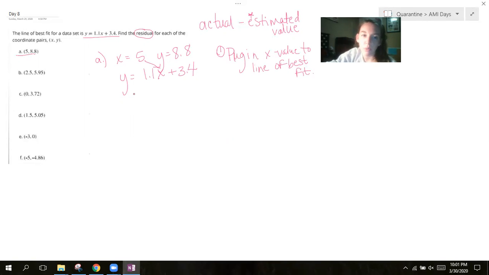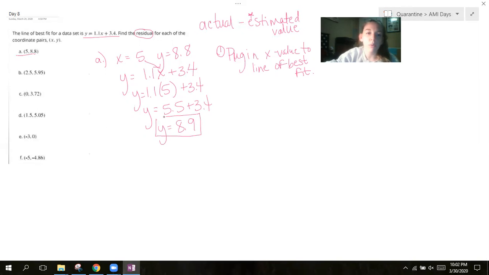Okay, so we'll have y equals 1.1 times 5 plus 3.4. So if we have 1.1 times 5, we'll get 5.5 plus 3.4, and y is going to equal 8.9.